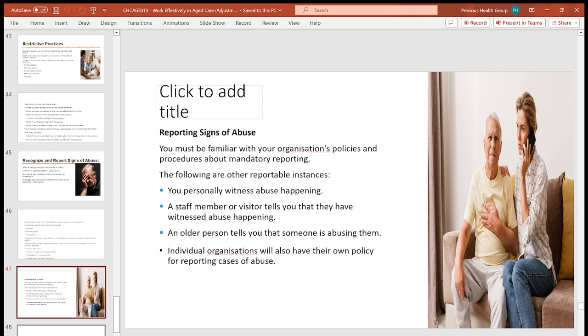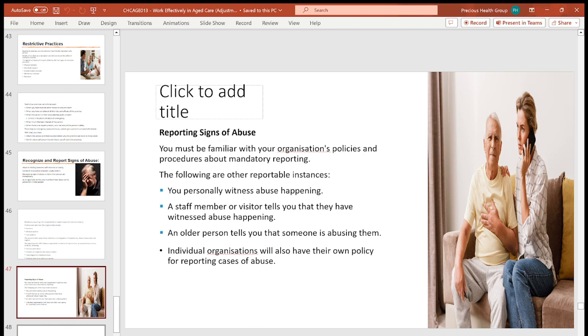So you must familiarize yourself with your organization's policies and procedures on how to report any mandatory reporting. The following are other reportable instances. You personally witness abuse happening. A staff member or visitor tells you that they have witnessed abuse happening.